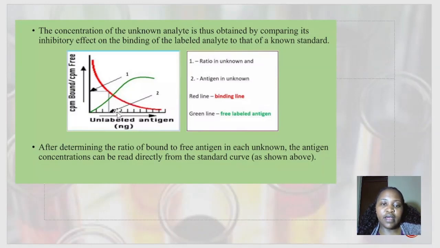We expect that it is reducing because we are increasing the unlabeled antigen binding. So we can inversely get the concentration of our unknown antigen, our unlabeled antigen. We use this graph and we can generate the concentration of our unlabeled antigen.